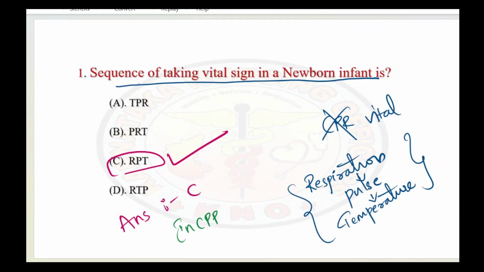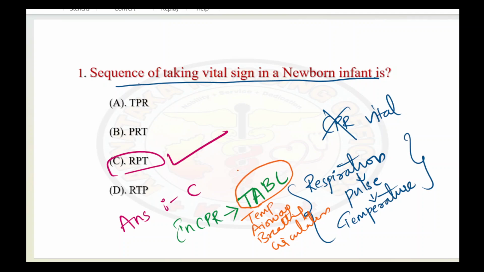In CPR, if they are asking you the sequence, then you have to write the sequence as TABC: temperature, airway, breathing, and circulation. So this will be for CPR, which is TABC. But if they are asking you the vital signs, you have to choose option C, which is respiration, pulse, and temperature.